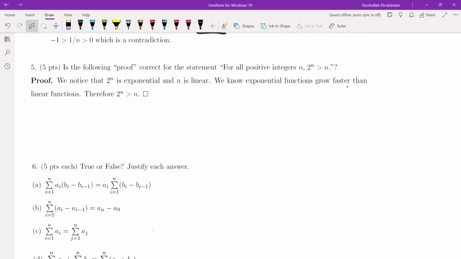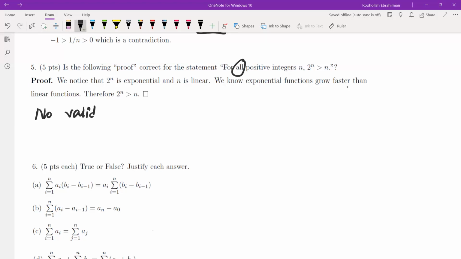Problem 5. Is the following proof correct for the statement for all positive integers n, 2 to the n is greater than n? So the way they proved that is they said, we noticed that 2 to the n is exponential, which is correct, and n is linear. We know exponential grows faster than linear, therefore 2 to the n is greater than n. This is not valid because we need to prove for every n this inequality holds.